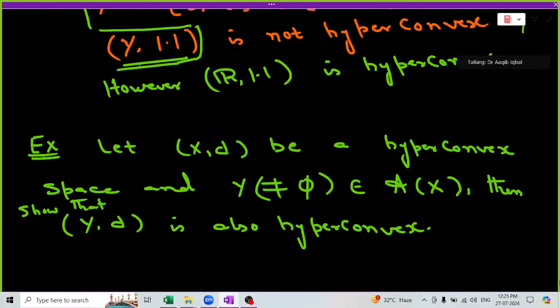आपको (Y, d) की hyperconvexity दिखानी है. So you'll start with a collection of closed balls in (Y, d) satisfying that property: the distance between the centers is not exceeding the sum of the associated radii.